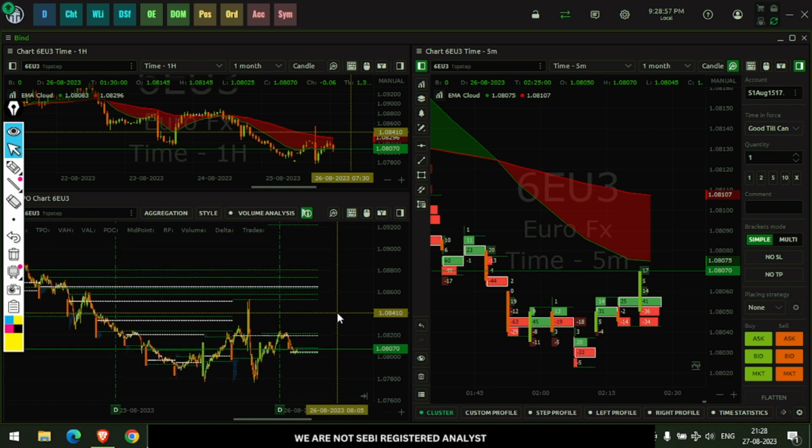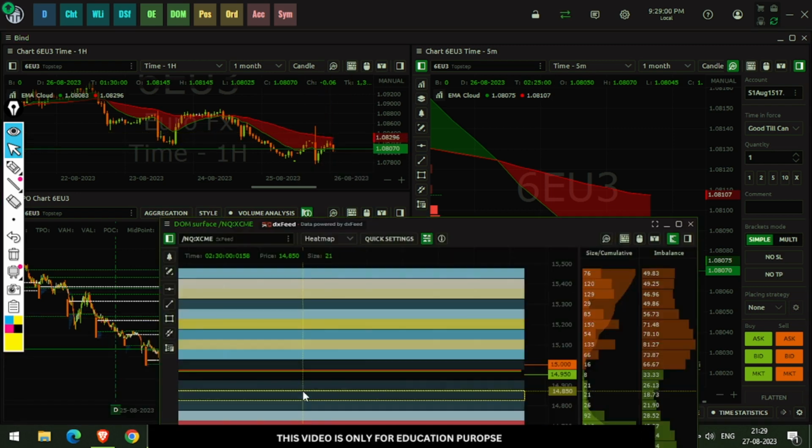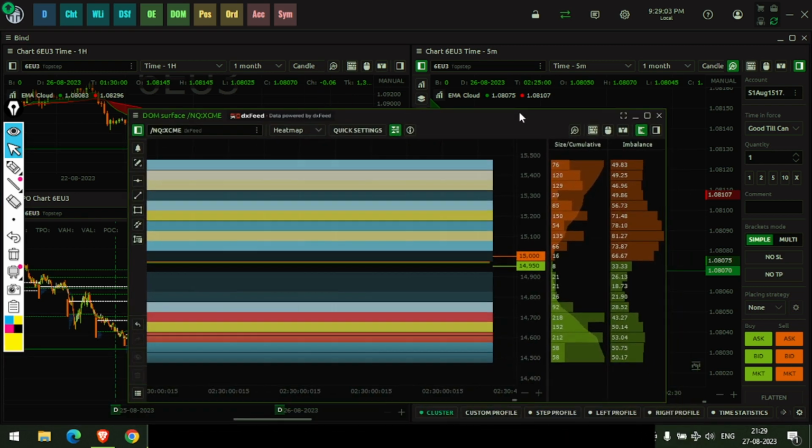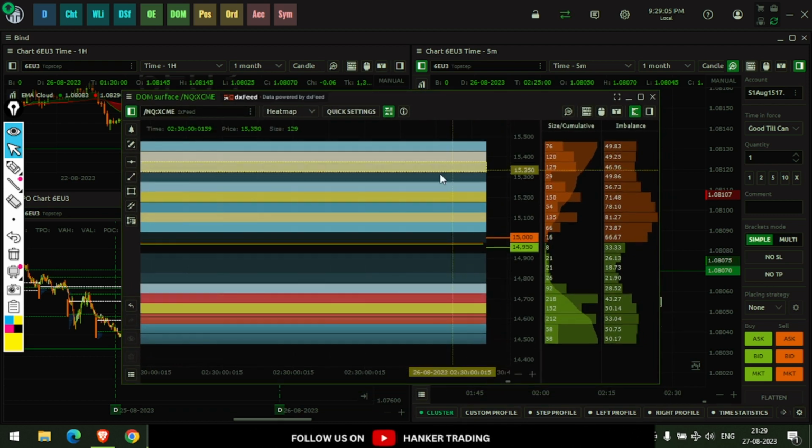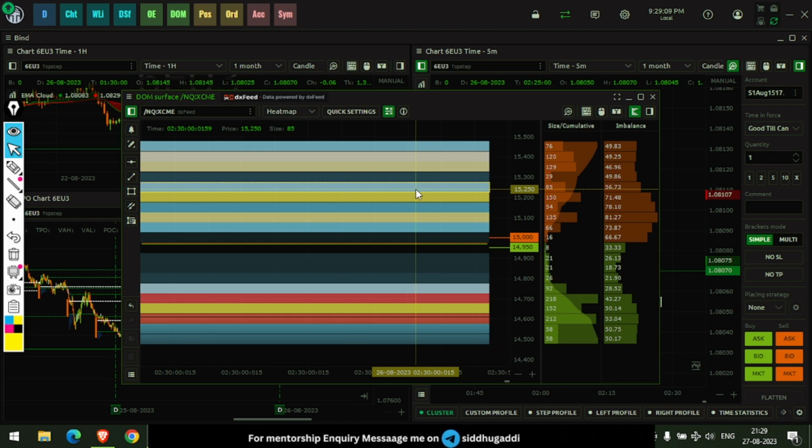Okay, so after that we have one more plus point of using the contour, which is the DOM surface. I don't know how many of you know about this, but this is the most advanced tool, I consider, if you are looking at passive traders or liquidation. There is also another name for this tool, called the liquidity heat map. I don't know what you people talk about, support or resistance, supply and demand, whichever indicator you are using.